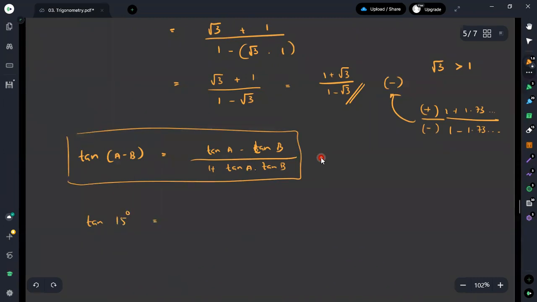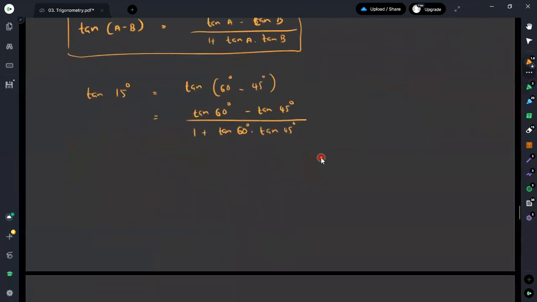Tangent 15 can be taken using the compound angle formula as tangent of 60 minus 45 degrees. Then it is tan A minus B, so we can take it as tan A minus tan B divided by 1 plus tan A tan B.